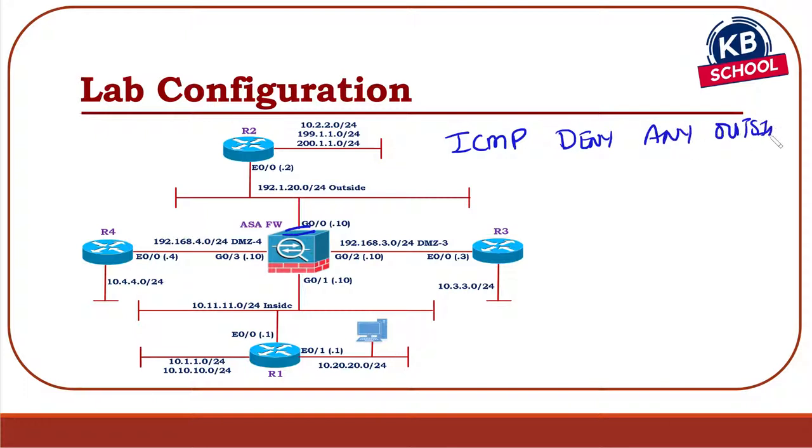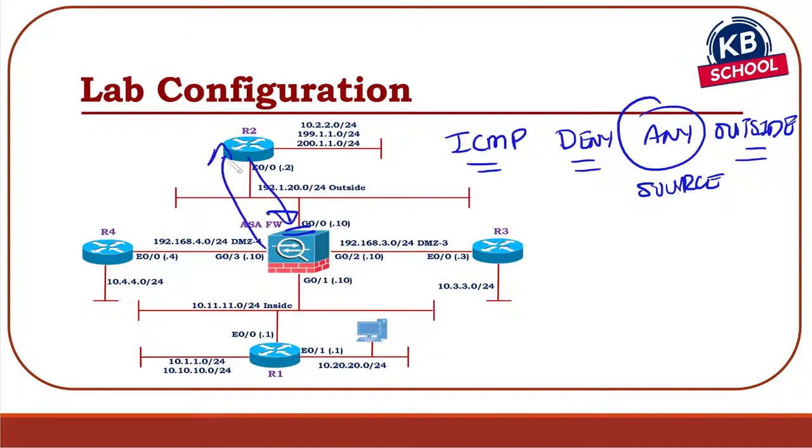What does that mean? I'm blocking any source to ping the outside. The problem with that is I'm not only denying somebody pinging me, but my ping that went out coming back, which is the echo reply, is also denied. Okay, so it's denying anything outside.